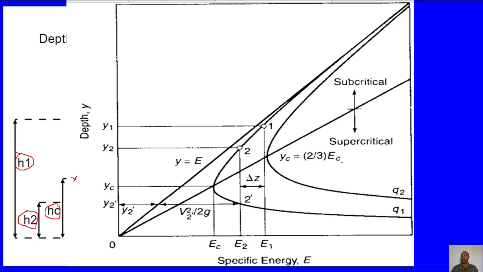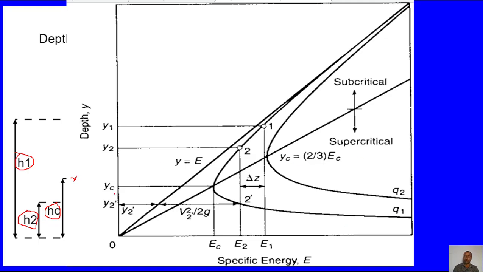We can calculate the depths of water corresponding to these graphs for the same specific energy. YC will be 2/3 of the specific energy, or the specific energy is 3/2 of YC.